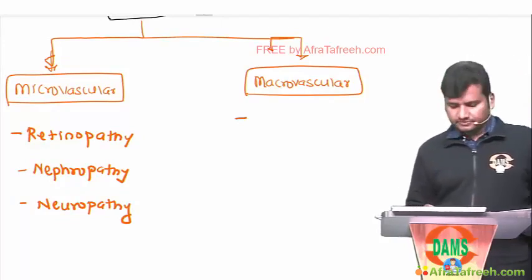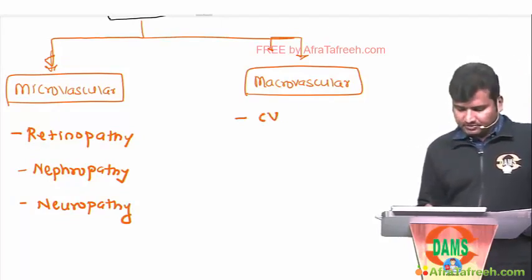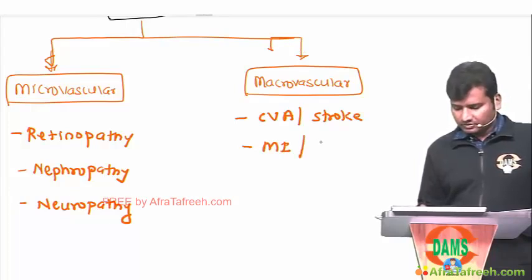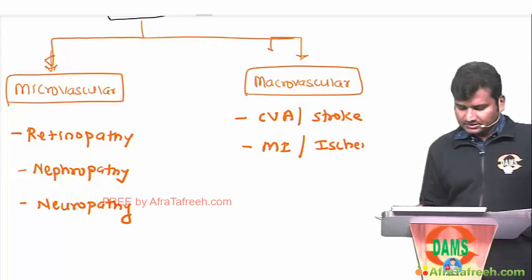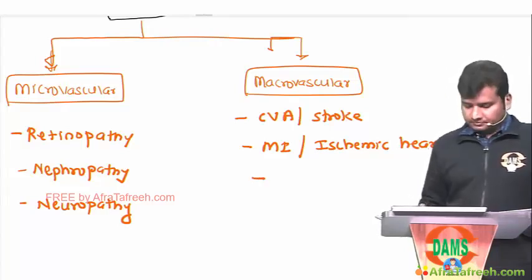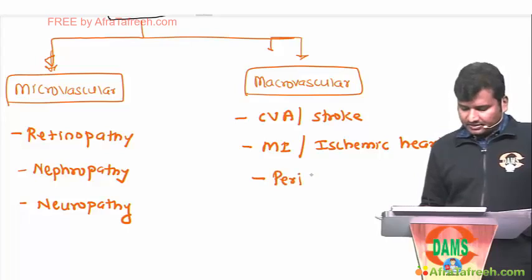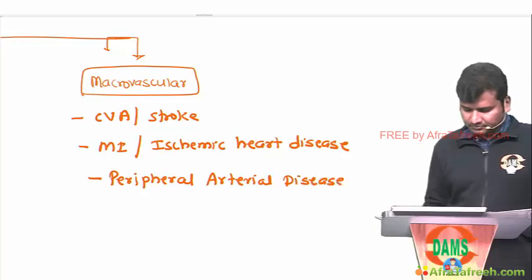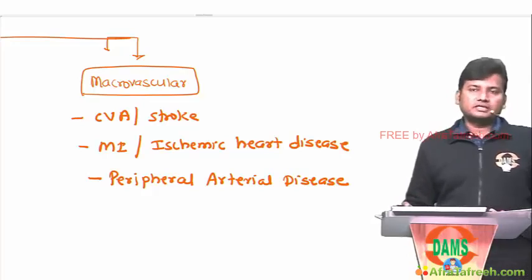Macrovascular complications are cerebrovascular accident or stroke, myocardial infarction or ischemic heart disease, and peripheral arterial disease. Okay, these are the complications of diabetes.